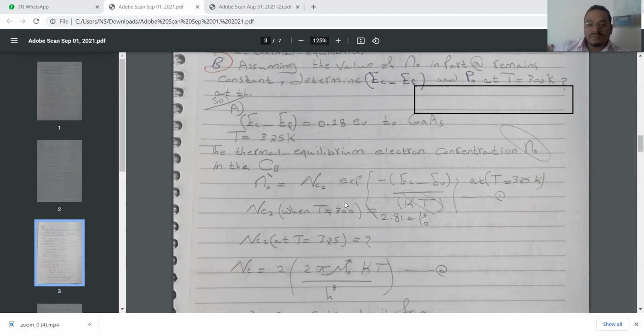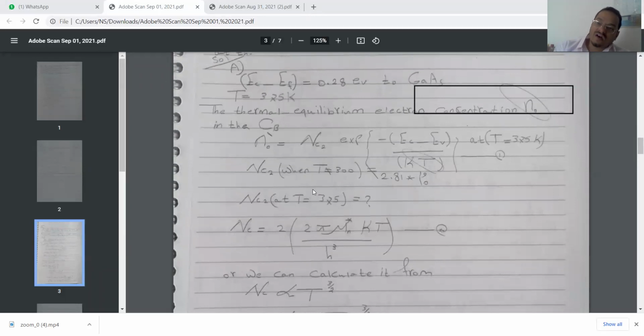We must calculate it by ourselves, and we have a complicated equation. The effective density of the conduction band equals the bracket 2 pi times the effective mass of electrons times KT, where K is the Boltzmann constant, T, divided by Planck's constant to the power 3.